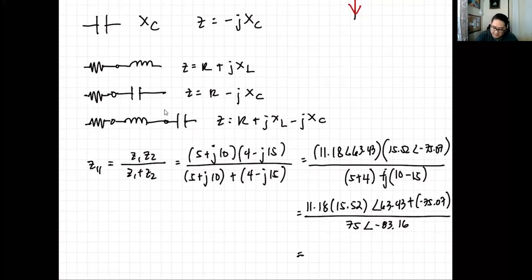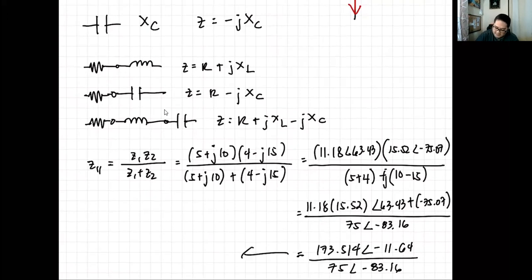That is 11.18 times 15.52. So 173.514 angle of 63.43 minus 75.07, negative 11.64. And then divide natin itong angle natin na to.